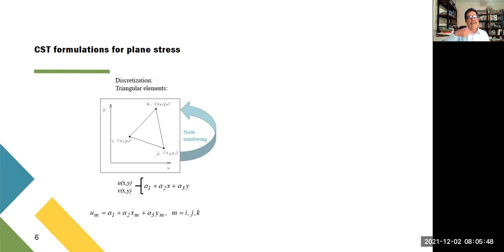In this case, since this is a 2D problem, we're going to find Ui, Uj, Uk, and also Vi, Vj, Vk. Once we find these three values, we interpolate in every element. And we can go on and evaluate strains and stresses and all of that. This is the process that we use in finite elements.